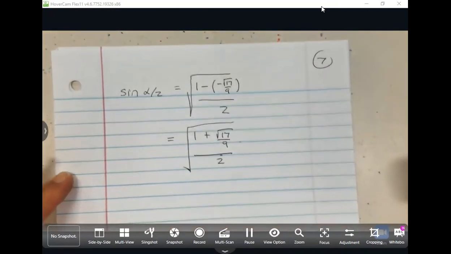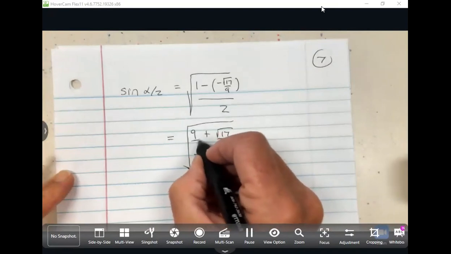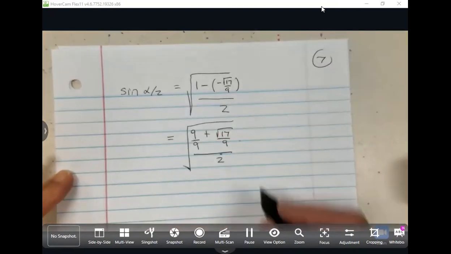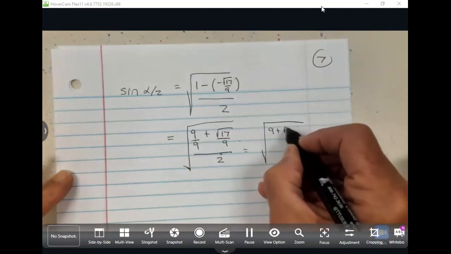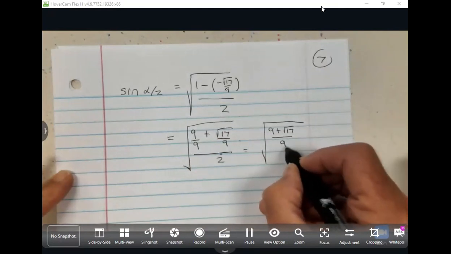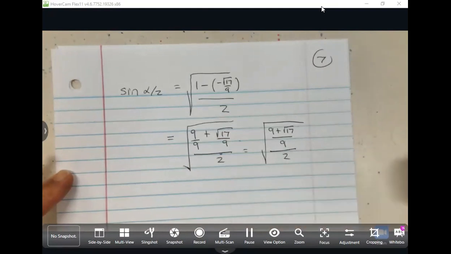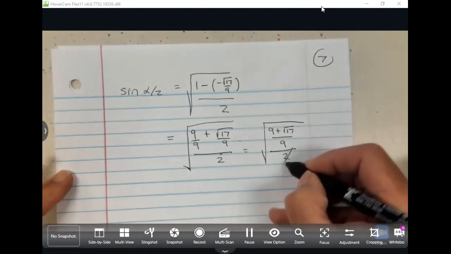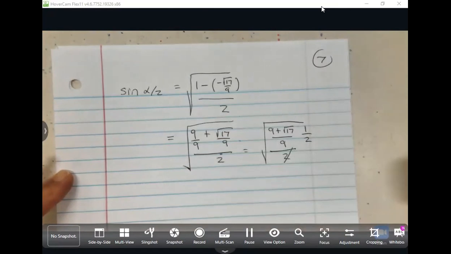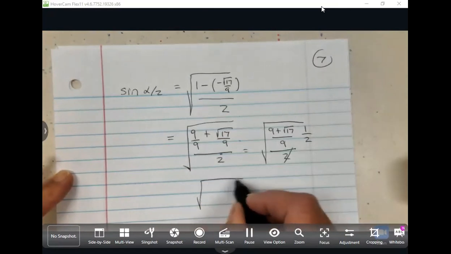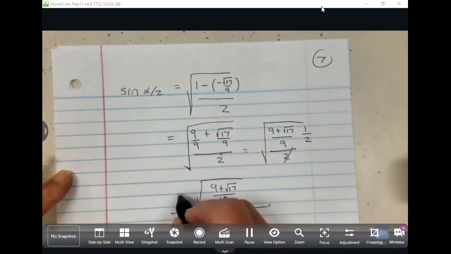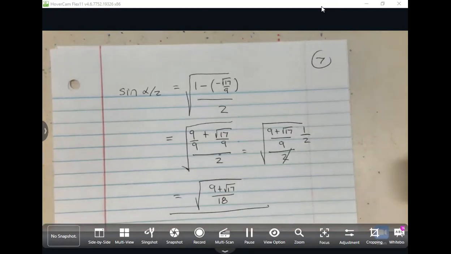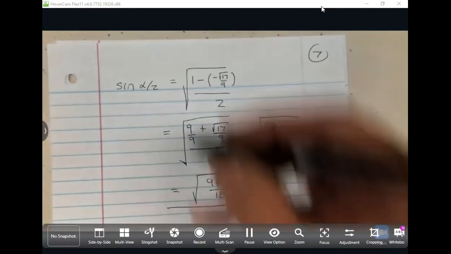I get the common denominator of 9 by writing this as 9 over 9. So I have the square root of 9 plus the square root of 17 over 9, divided by 2. I divide by 2 by multiplying by a half. And so I have the square root of 9 plus the square root of 17 over 18. Okay?